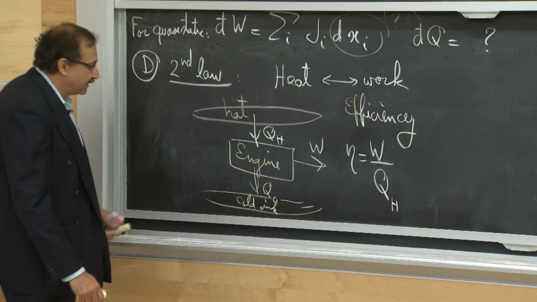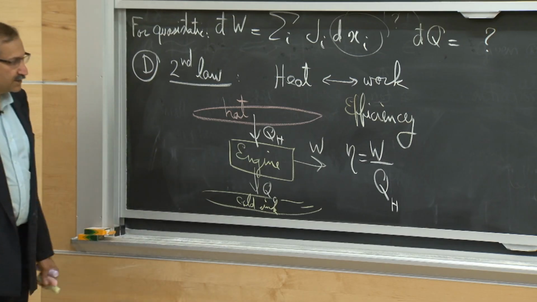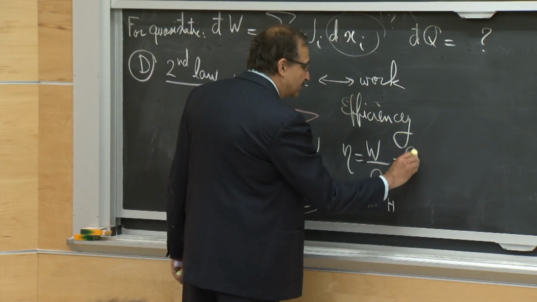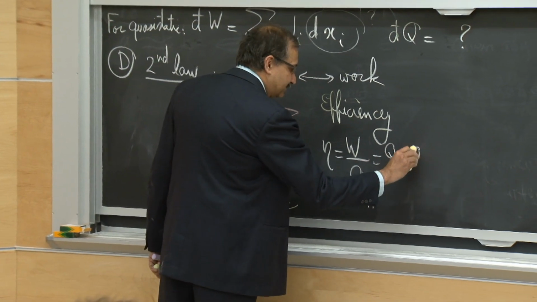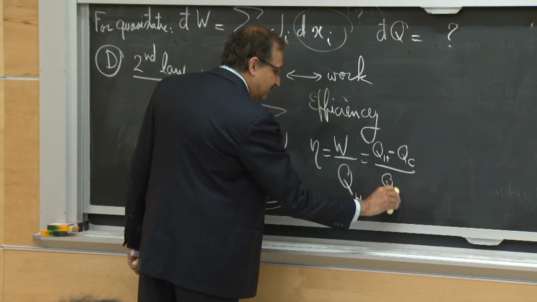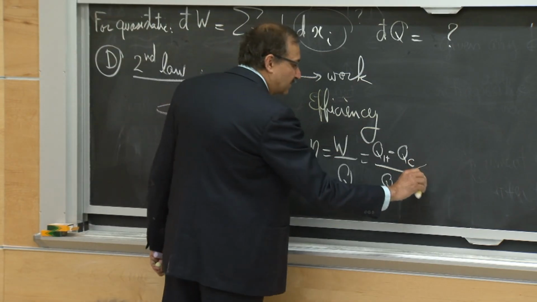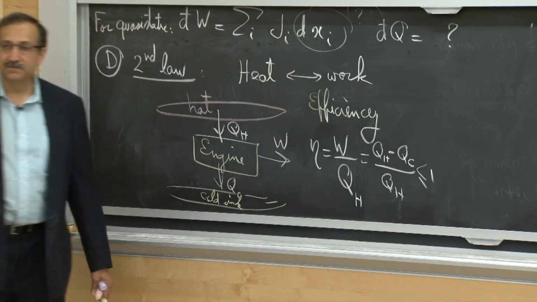And again, based on conservation of energy, we expect that this W to be less than QH by an amount that you are sending to the exhaust. And because of that, this eta has to be less than or equal to 1 in principle.